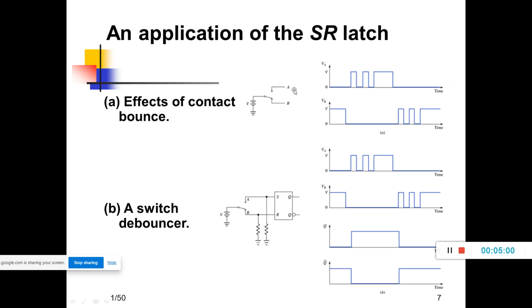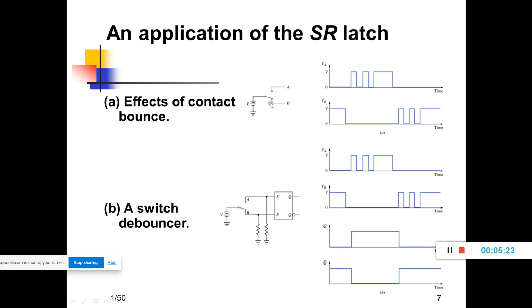It may occur several times before the center contact of the switch remains in its upper position. It is very important to note that in contact bounce the center contact does not return all the way to terminal B. When it is switching from B to A, the center contact should not come to point B.